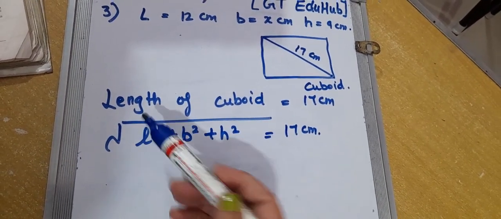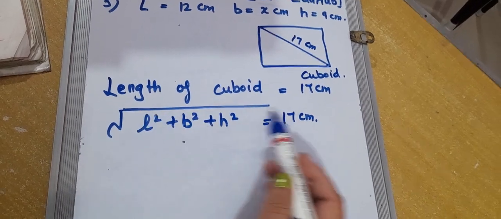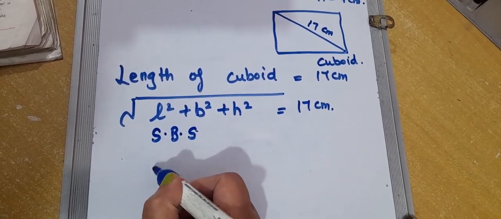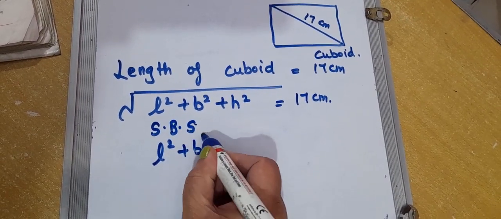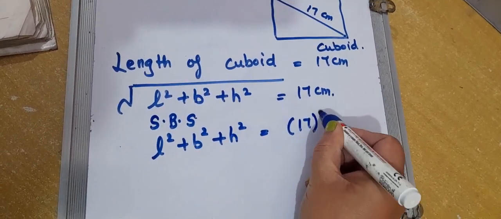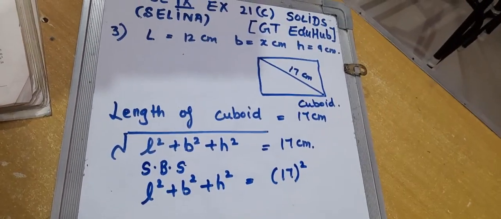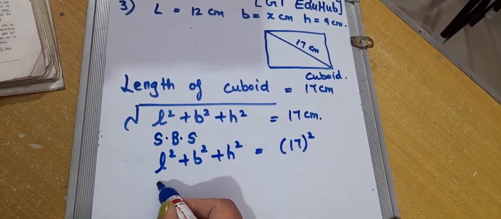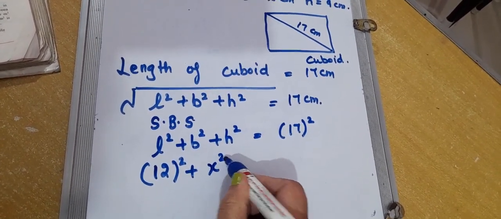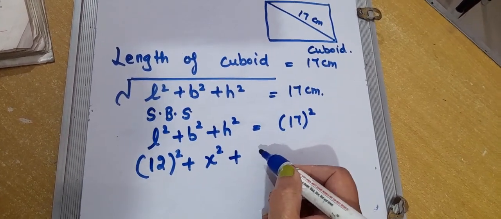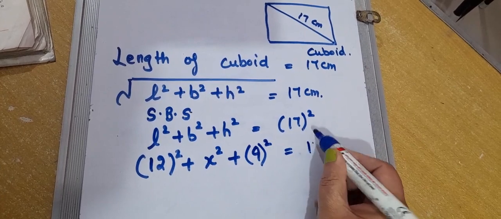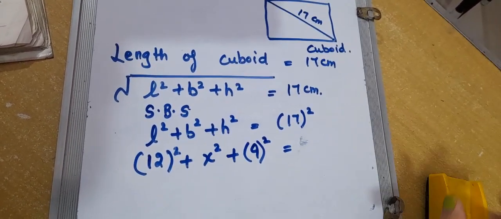But first of all, let's remove this square root by squaring both sides. So we get L square plus B square plus H square equals 17 square. Now put value of L, 12, B is x, so x square, plus value of H is 9, so 9 square, equals 17 square. 17 square is 289.